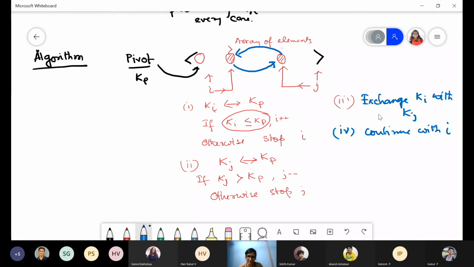When J has moved this side, if we come to some point like here where I has moved in this direction and J has moved in this direction, this will be my stopping criteria.